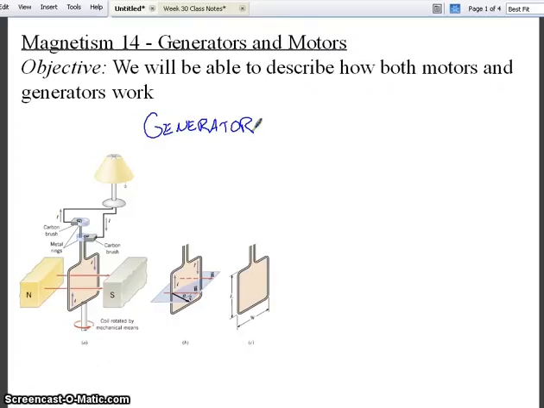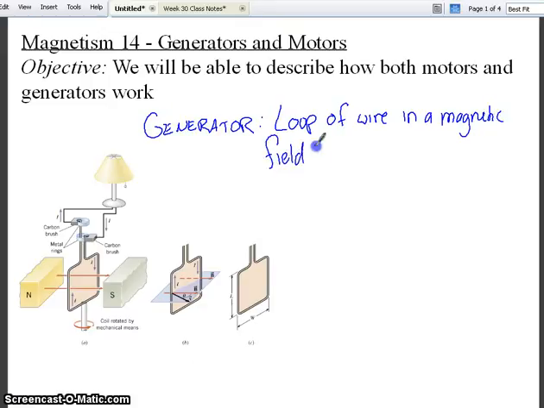A generator, when broken down into its simplest terms, is simply a loop of wire, or a loop of a conductor, in a magnetic field, being rotated.